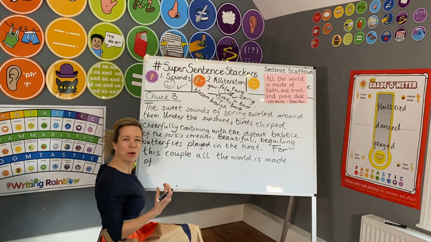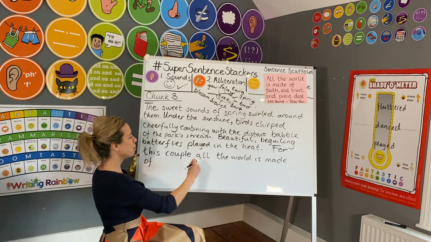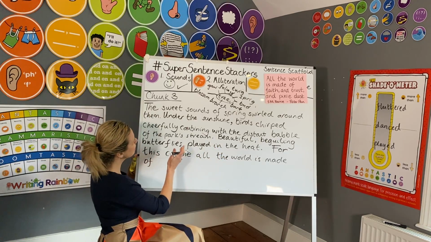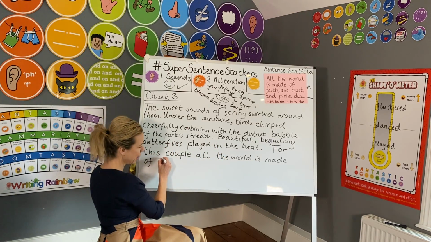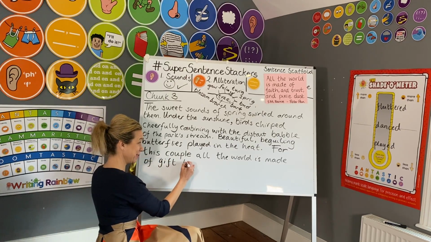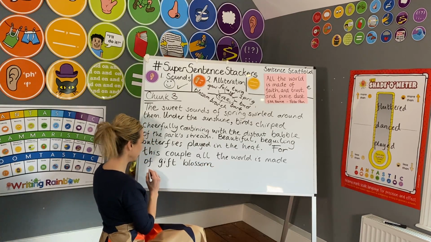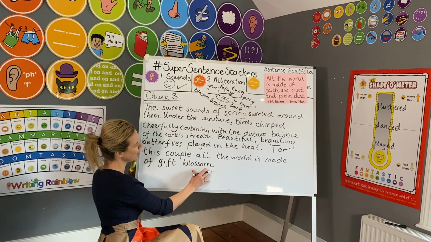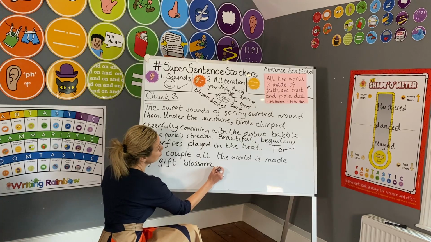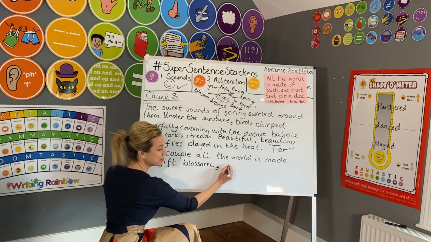and now I want the language of friendship. For this couple, all the world is made of gift blossom, because she throws in pink blossom. Oh, it's so adorable. It's made of gift blossom. Oh, then I'm going to follow J.M. Barrie's lead and put in a comma.